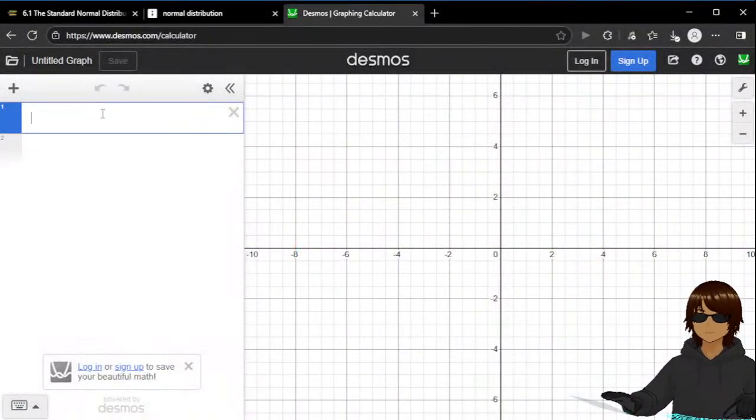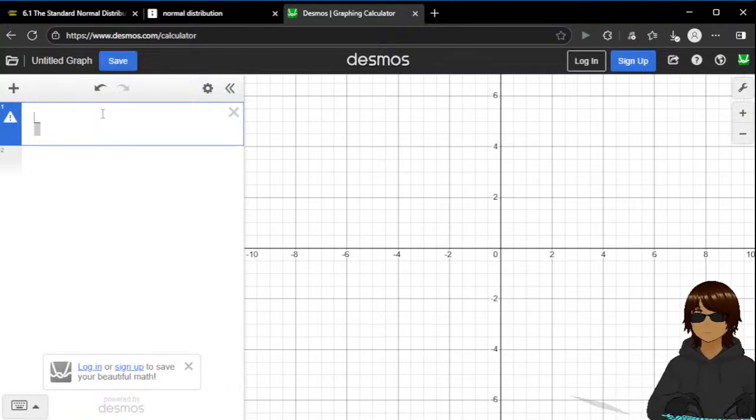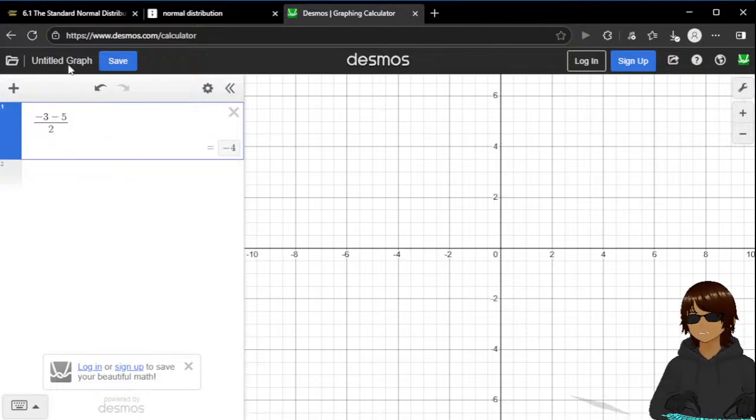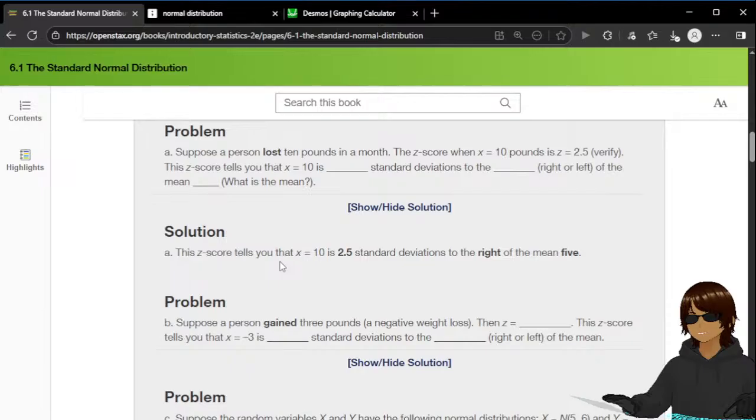So we have here x minus mu, minus 3 minus 5, divided by the standard deviation, which is 2. So the z-score is minus 4. This z-score tells you that x equals minus 3 is 4 standard deviations to the left of the mean.